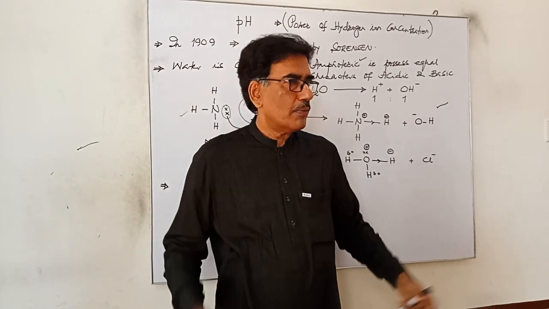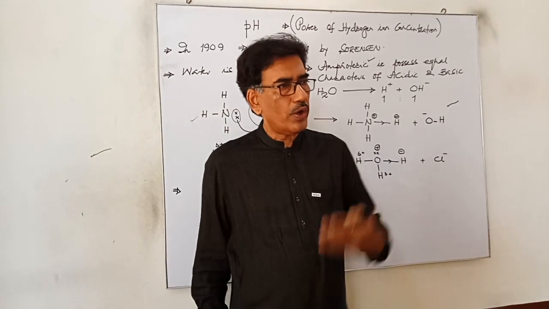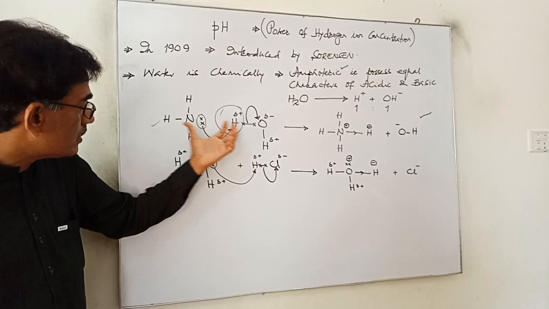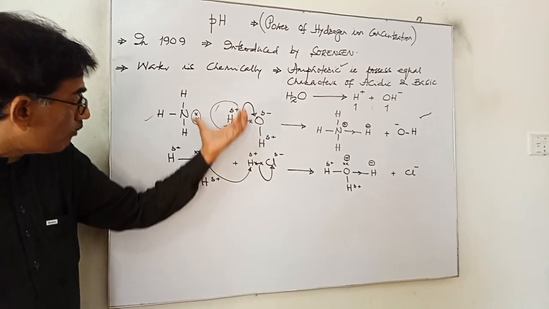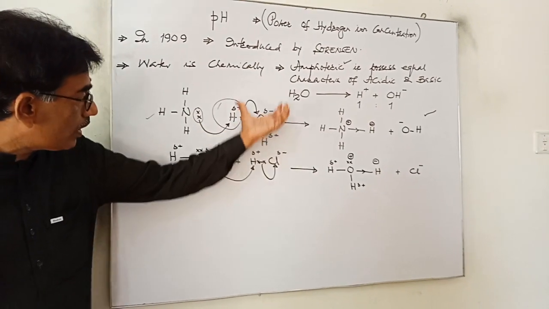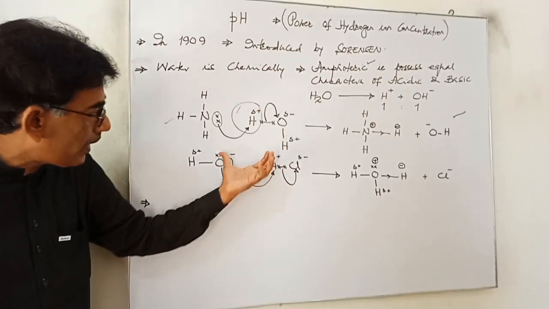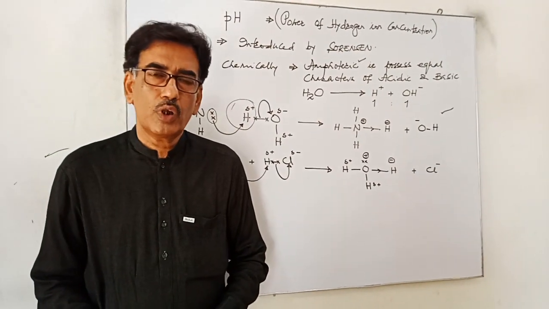Most of the time students think that due to these partial characters over water and the polar character of water, within the molecule of water these polar characters can help the conductance.